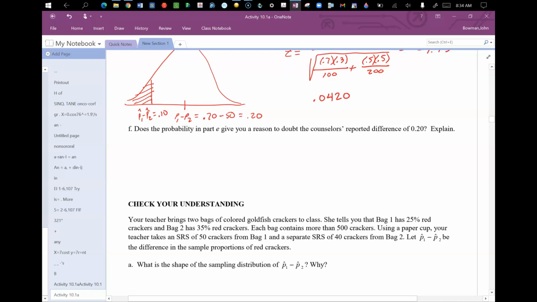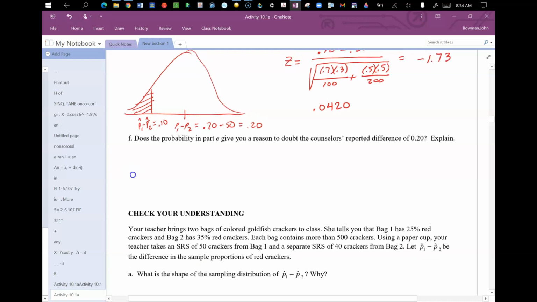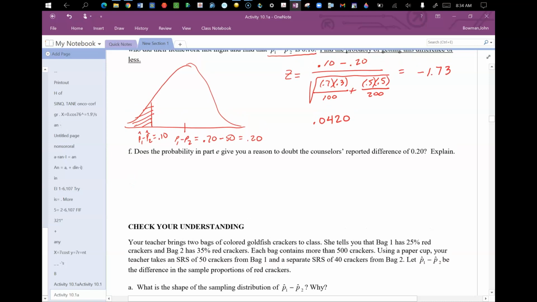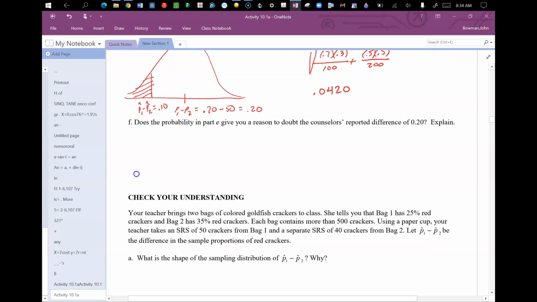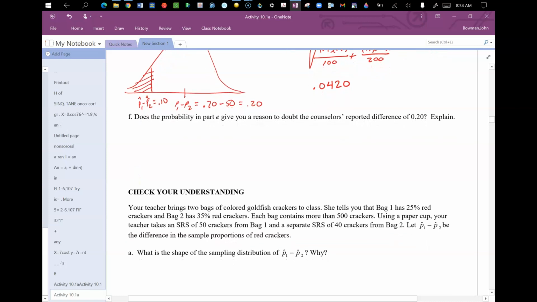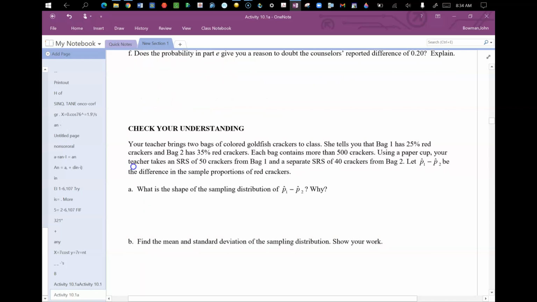Well, if the true difference is 0.2, the probability of getting a sample difference of 0.10 or less is only about 4.2%. Since that's unlikely to happen by chance alone, it would suggest to me that the difference in the two population proportions, the true values, is actually less than 20%.